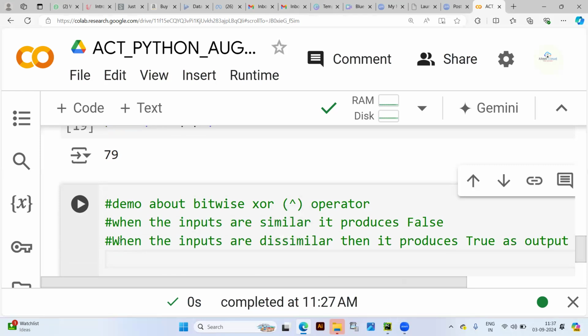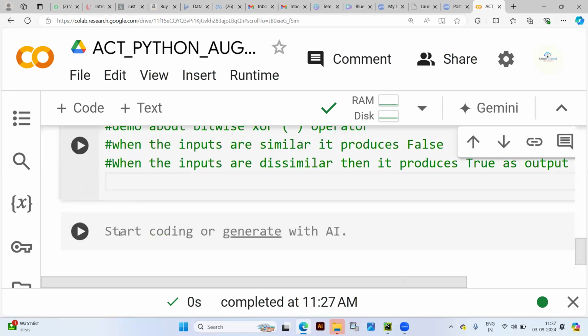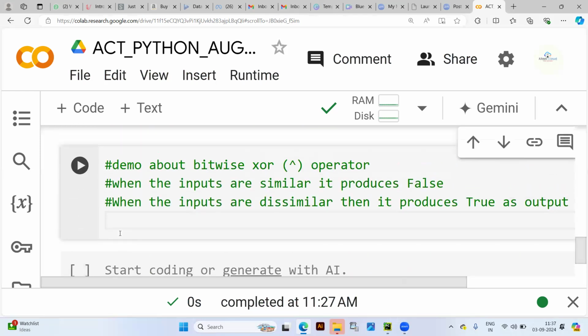Clear? If you look at electrical switch behavior, when the inputs are one positive and one negative, the bulb is enabled. If inputs are the same, positive, positive, the bulb is not enabled. If the inputs are negative, negative, the bulb is not enabled. That's how it happens. Clear?